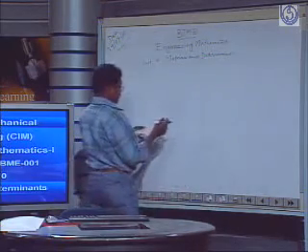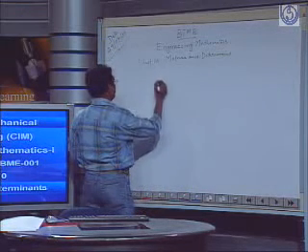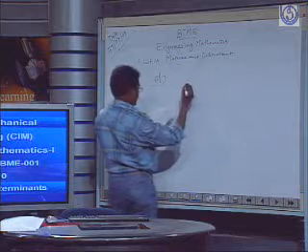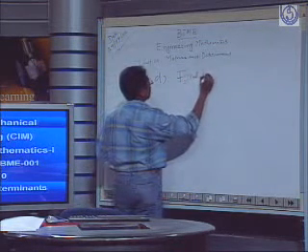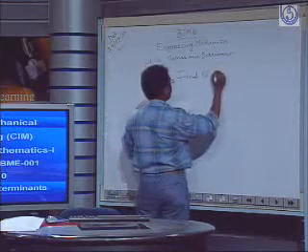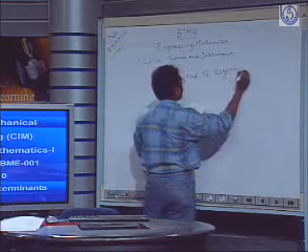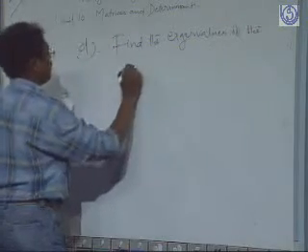The fourth question: find the eigenvalues of a matrix. Here, D. Find the eigenvalues of the matrix.